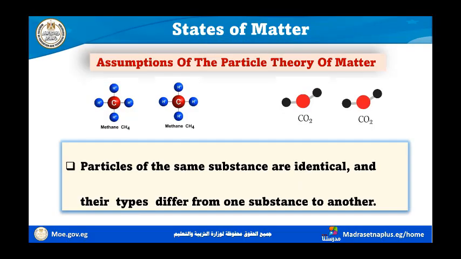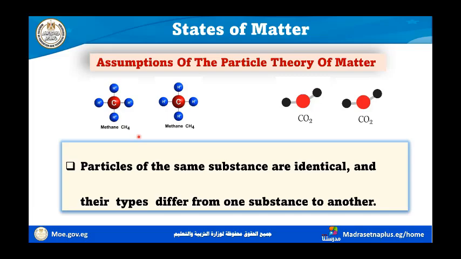In different materials, particles of the same substance are identical. This means that if we have methane particles, for example, like here in these photos, a methane molecule consists of one carbon atom linked to four hydrogen atoms.